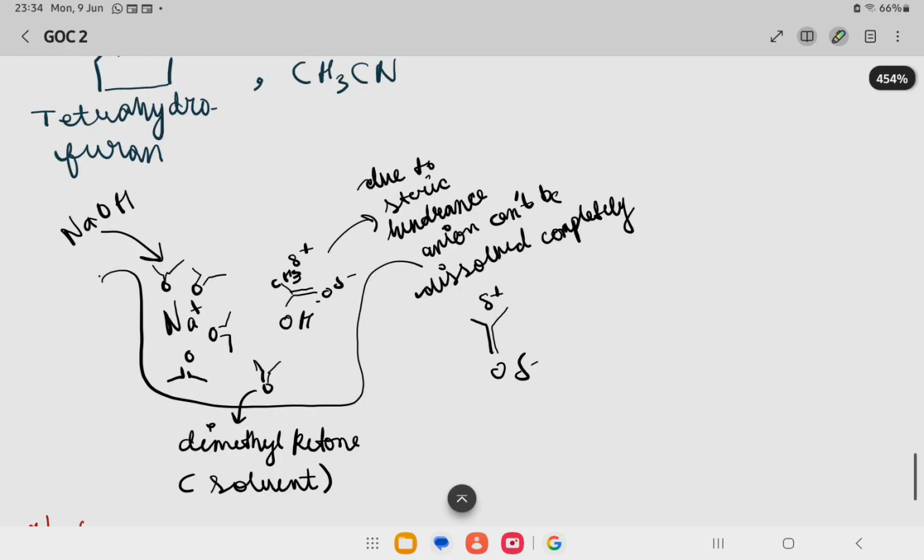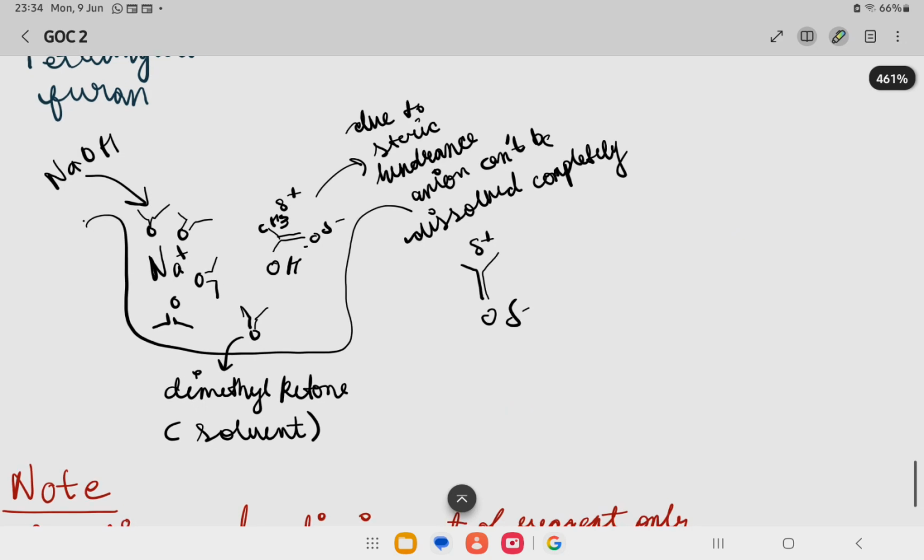Now in this, again, the reagent we have used is NaOH and the PAS we have used is dimethyl ketone. Here what will happen? Na positive, OH negative, they will get separated.